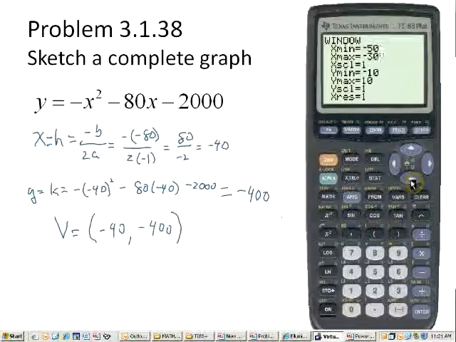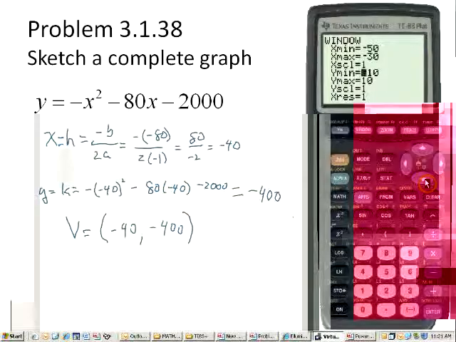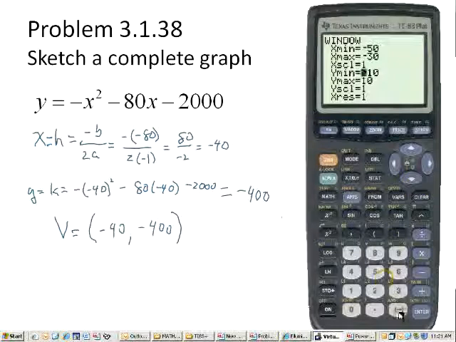For our y min, we need to be below negative 400. So let's make our y min quite a bit smaller. Let's just make it negative 500. And this here, let's make it maybe negative 350.